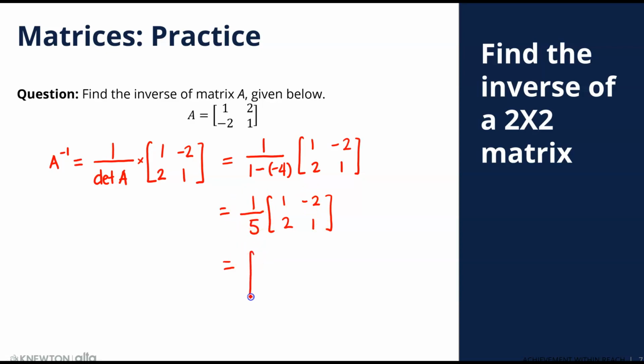So you have 1/5, so that is 1 times 1/5, and then negative 2 times 1/5 is negative 2 over 5. Then 2 times 1/5, that is 2/5, and then 1 times 1/5 is 1/5. This matrix here is the inverse of the given matrix here.